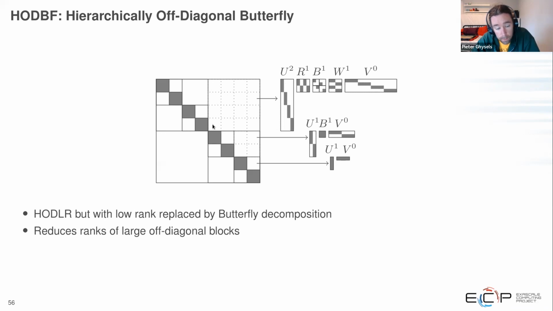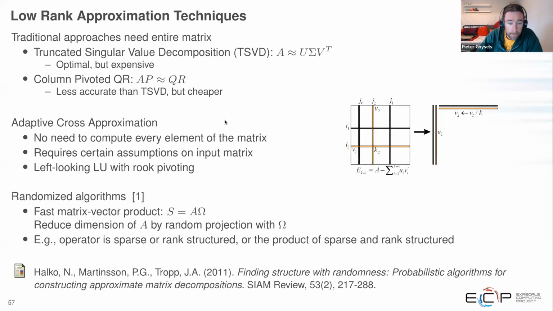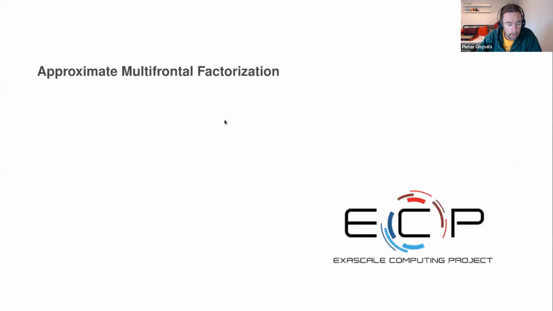So remember I said that the disadvantage of HODLR is that these ranks of the off diagonal blocks can grow, but by using this more complicated decomposition, instead of low rank, we can keep these ranks much smaller. I'm going to skip that for the sake of time.